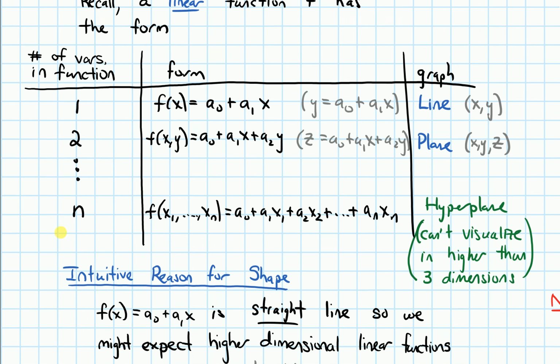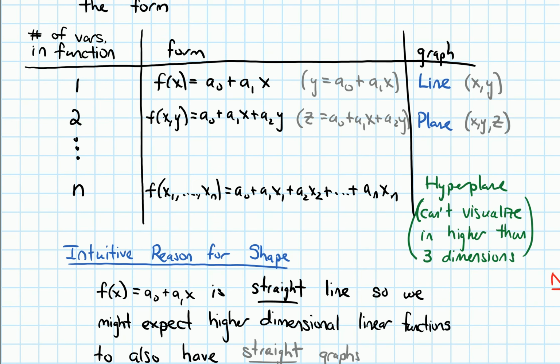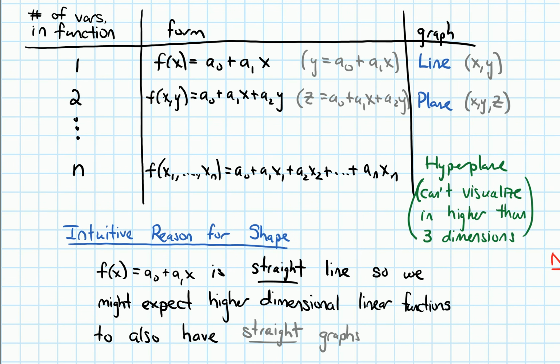All right, so I want to talk about an intuitive reason for why this second equation that we wrote down, the second form, where the input had an x and a y, is a plane. If there's one input variable and my function is f of x equals a naught plus a1x, well, that graph is a straight line.